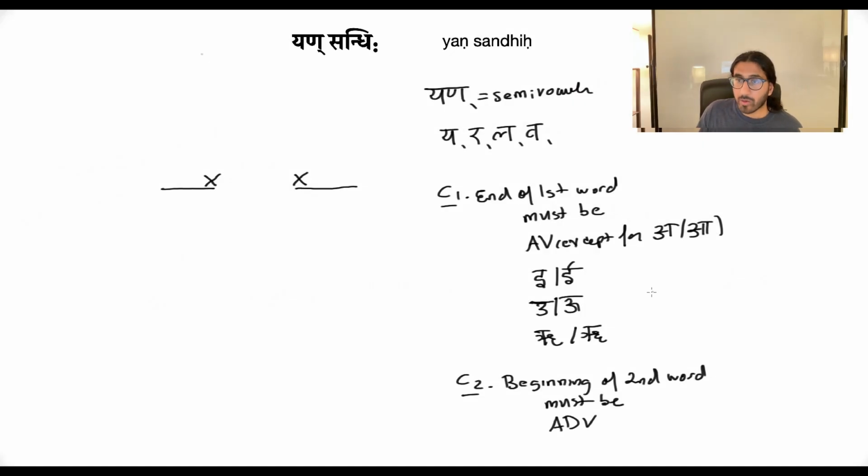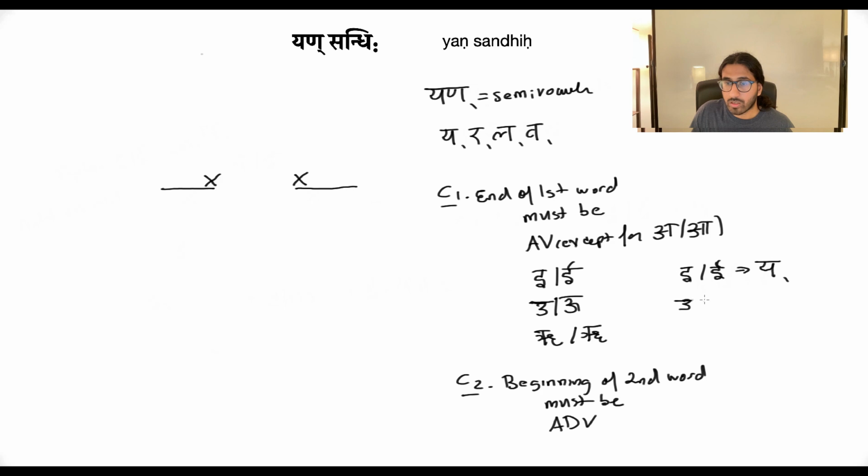Okay, every vowel is associated with a particular semivowel, with the corresponding semivowel. This is important. Every vowel is associated with a corresponding semivowel. Now look, here we have i or ii. This is associated with the semivowel of ya. Okay?